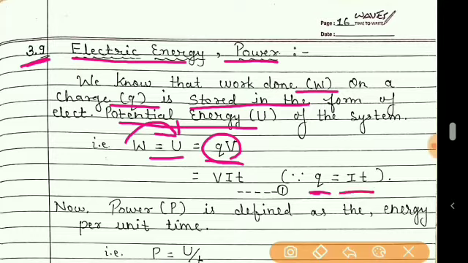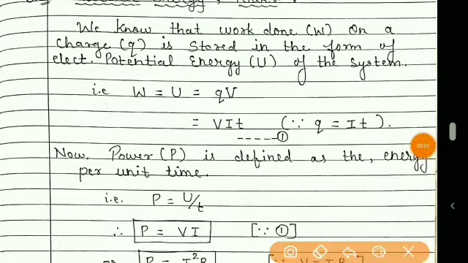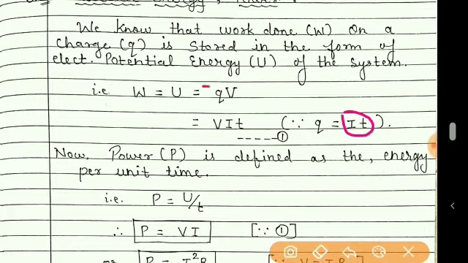Q is equal to IT, and so writing IT in place of Q we get work done or energy is equal to VIT. Let us give this equation number 1.